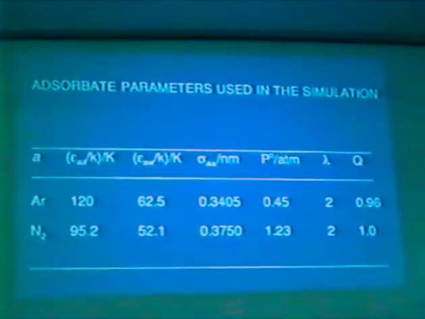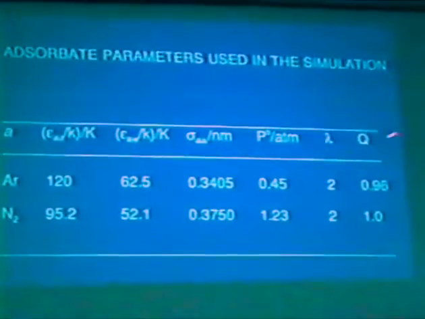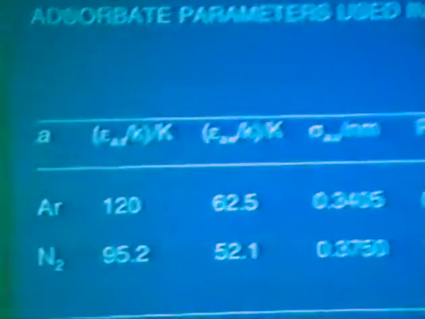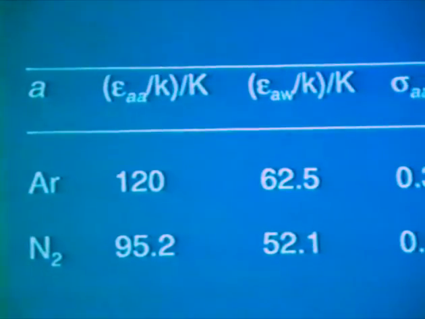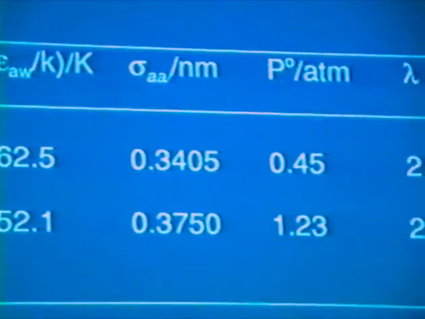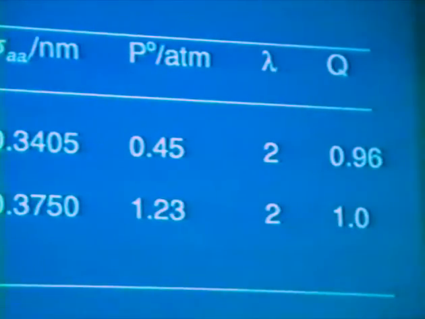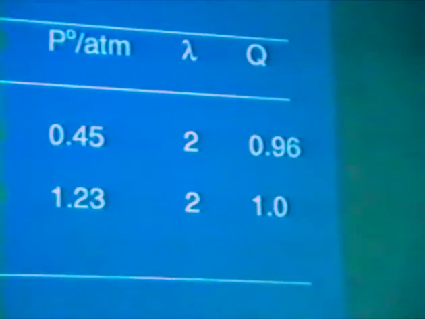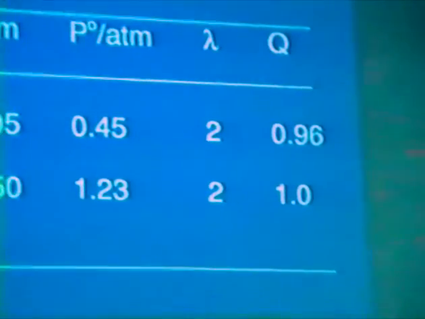The other parameters here, the lambda and the Q, I'm not going to have a lot of time to discuss, but they are ones which I've used to adjust the adsorbent potential to optimize plane surface adsorption. Have the next slide.